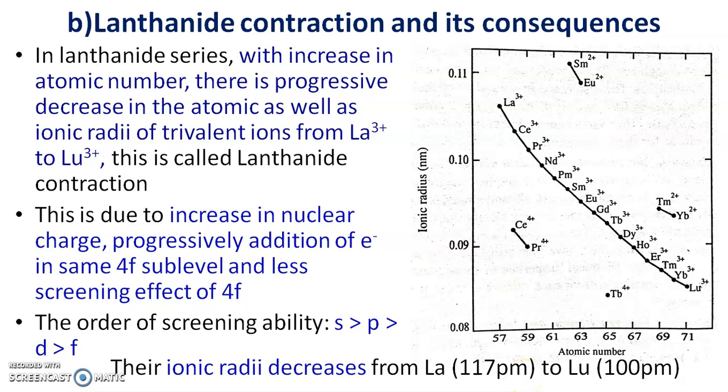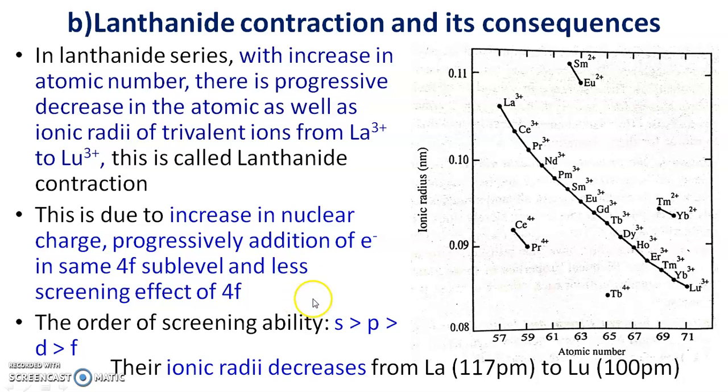So this is called lanthanide contraction. And in nanometer, from lanthanum to lutetium, there is a decrease of 0.02 nanometer in size. Okay, so this is what lanthanide contraction is.